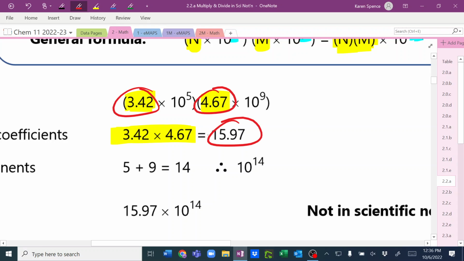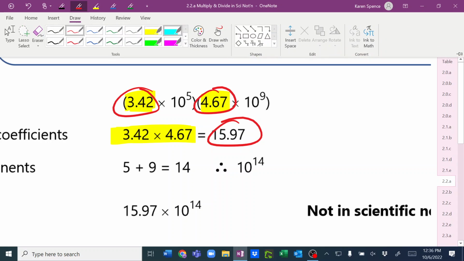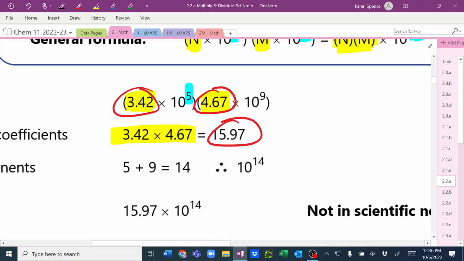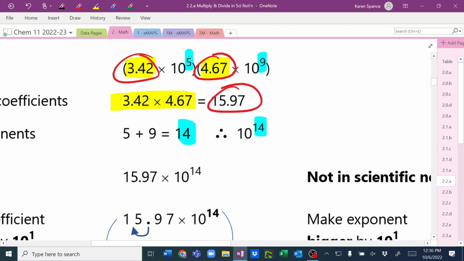Now our exponents: I have an exponent of 5 and an exponent of 9. So 5 plus 9 is 14. So we're going to have 10 to the 14. So we have now 15.97 times 10 to the 14, right? That was multiplying our coefficients. And now we have our exponent here.